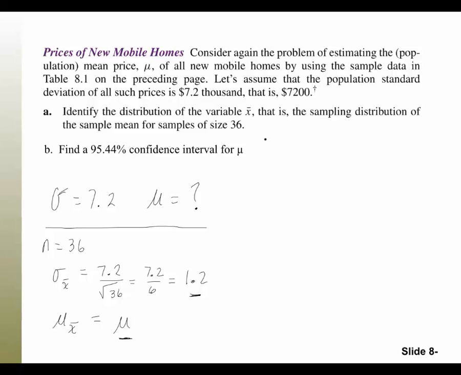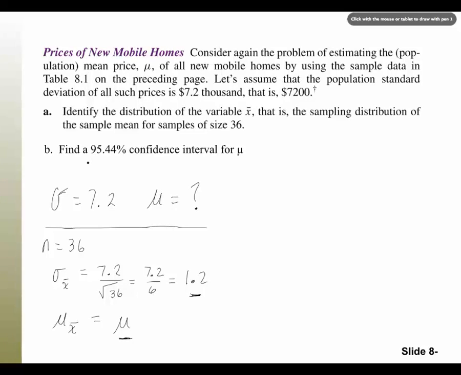Okay, part B. Find a 95.44 percent confidence interval for mu. So what did we come up with before? We came up with an x bar before. It was sample size 36, right? Or no, was it 44? It was 44? Okay, so we can't use that. All right, so what are we saying?